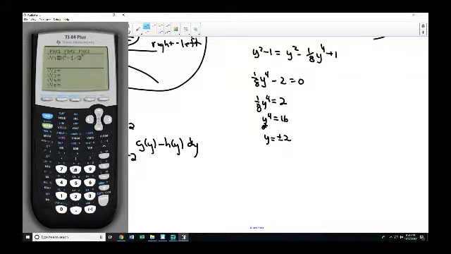plus 1. And we will put x squared minus 1 here. And do it as a normal integral. So, math 9 from -2 to 2.